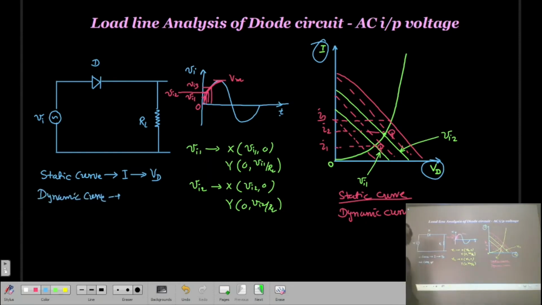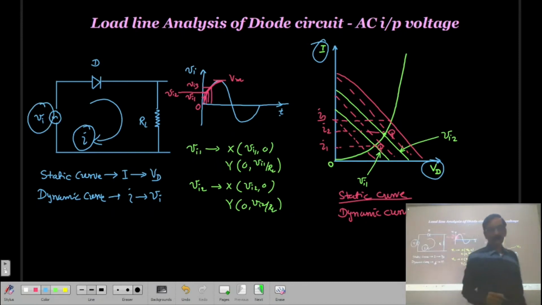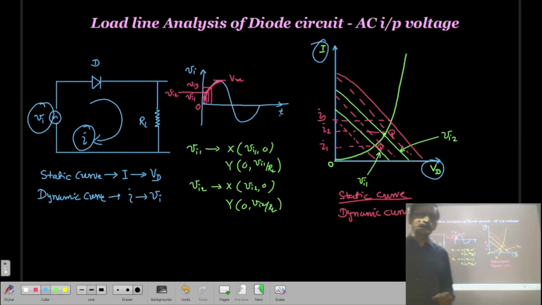A dynamic curve is the current I against the input voltage Vi. Whatever current is flowing, if we plot it against the input voltage, that is known as the dynamic curve. And this dynamic curve will give you the solution of your circuit. Means for any input voltage, directly you can find the value of the current.